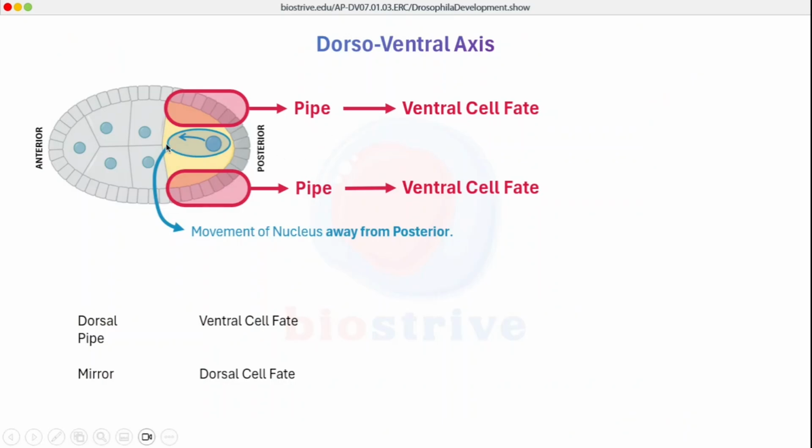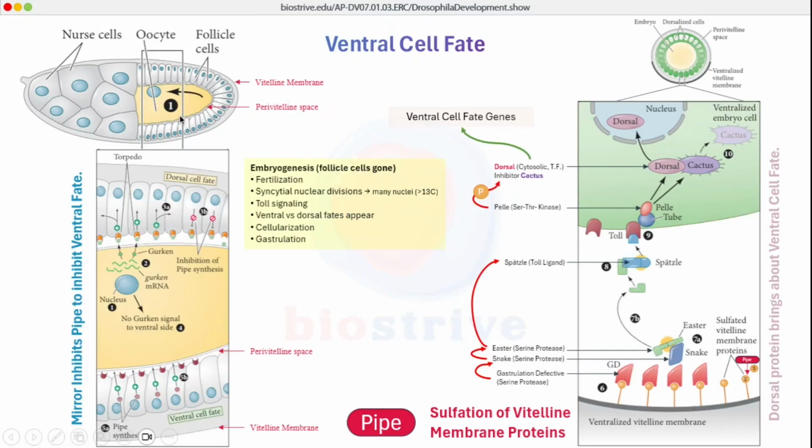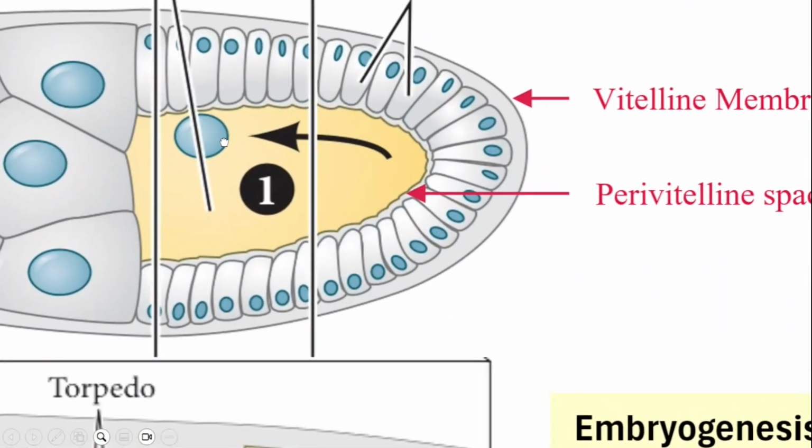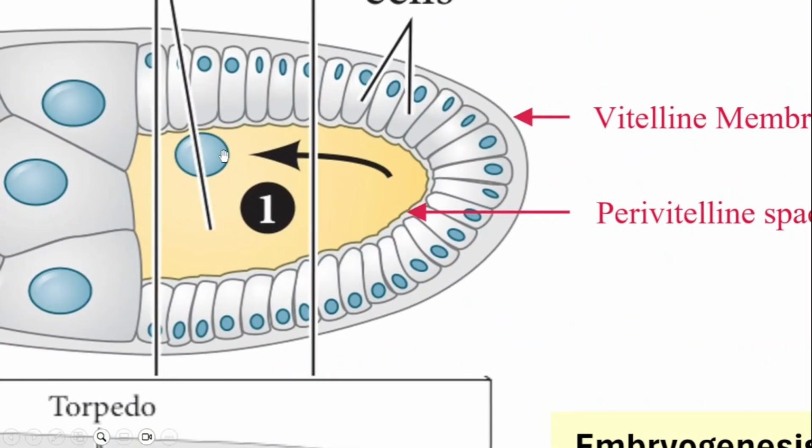Now a similar kind of movement of the nucleus will take place, and the nucleus will start moving toward the anterior side, and as it moves it will reach the upper extremity like here. As you can see, the nucleus has reached toward the anterior side, and this nucleus will start making certain mRNAs, and these mRNAs are the same Gurken mRNAs which will translate into Gurken proteins.